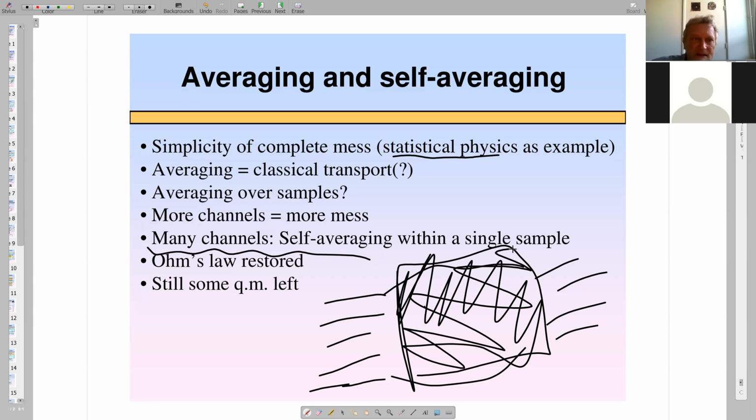I could, for instance, cut this nanostructure into parts, measure the resistance of this part, measure the resistance of that part, and despite the fact that particles are waves, the resistances add up. But there are circumstances when it is important that there is still some quantum mechanics in there.